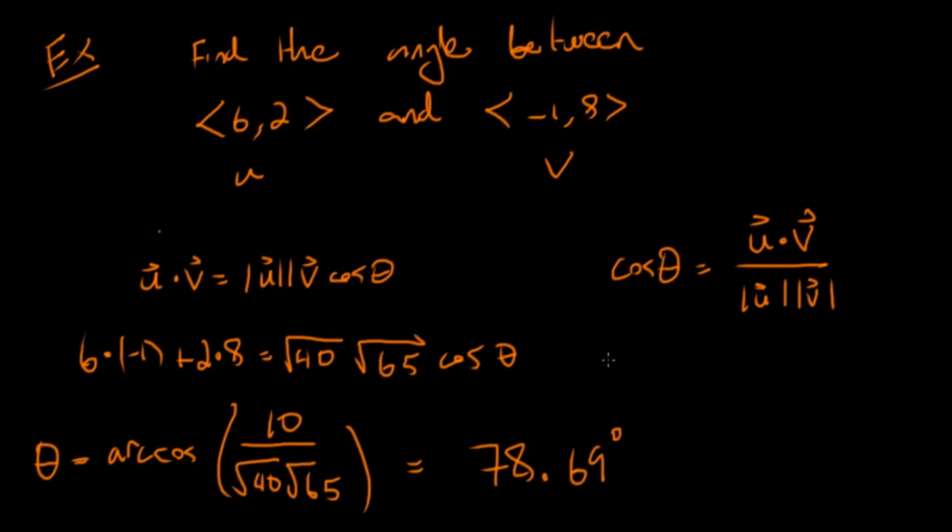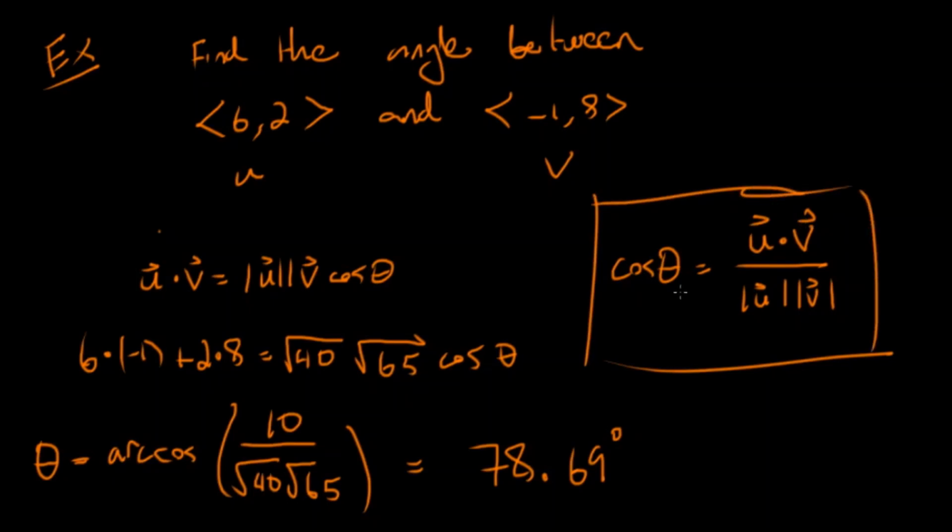Right, this is a very useful formula to find the angle between two vectors. And we now have this new formula for U dot V. It's just the product of the first two components summed with the product of the second two components.